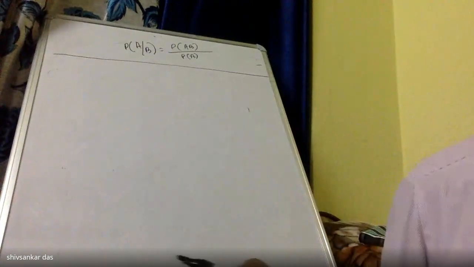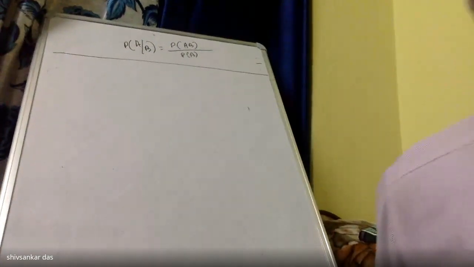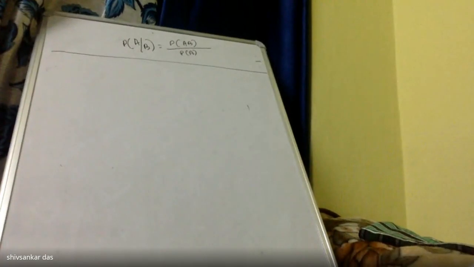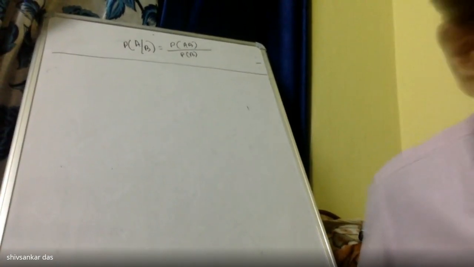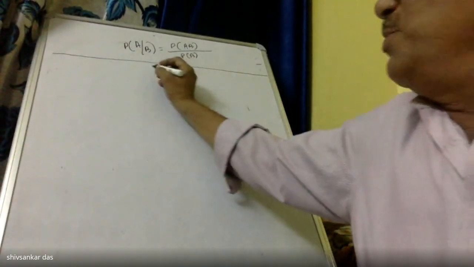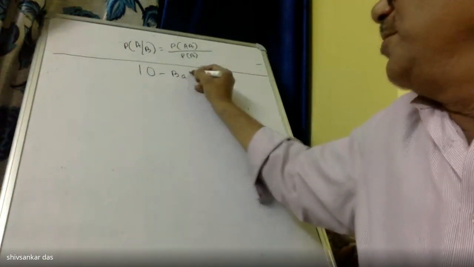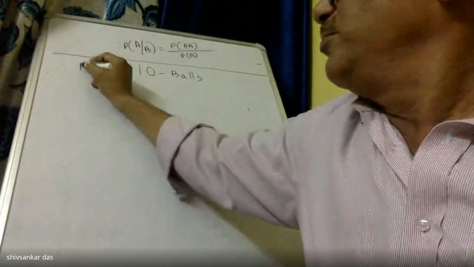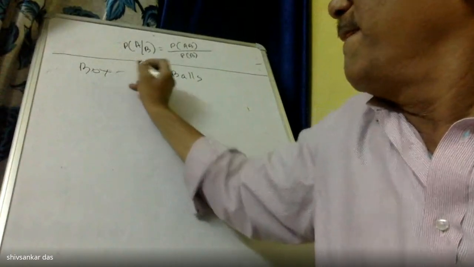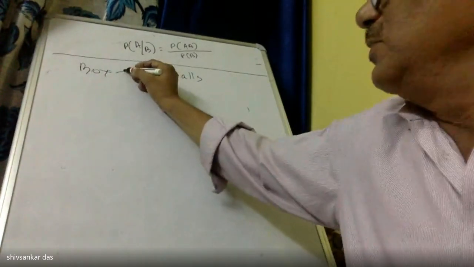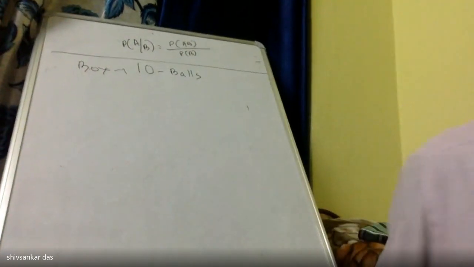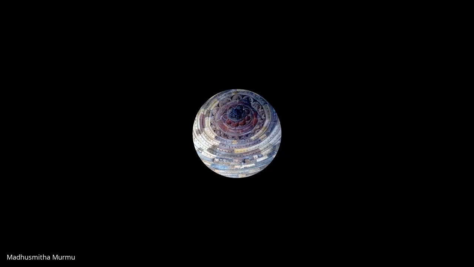For example, in a box, there are 10 balls. How many balls are there? 10 balls.